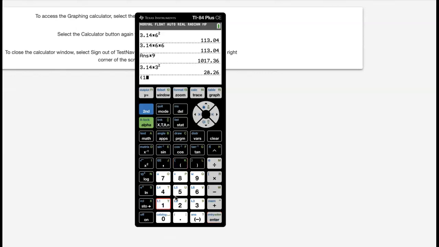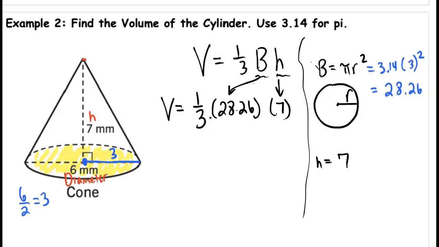I'm going to use my parentheses to enter my fraction altogether, times the area of the base, which is 28.26, times the height of that cone, which is 7. So I have every component of my formula. 1/3 times area of the base times the height, enter, and we're going to get a volume of 65.94 approximately.